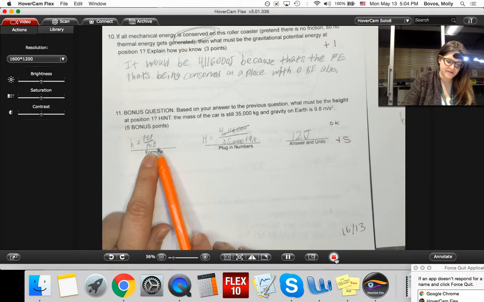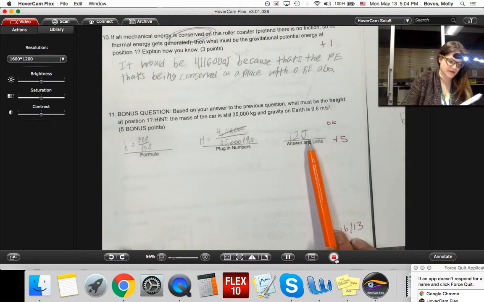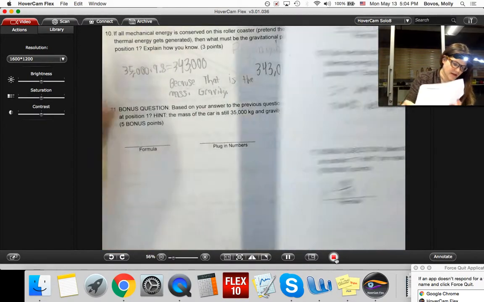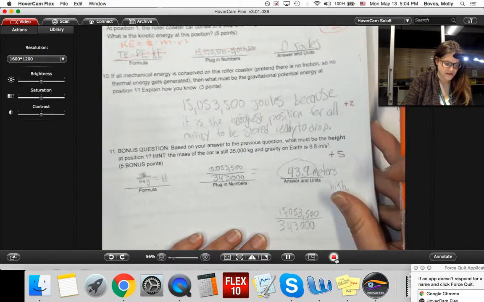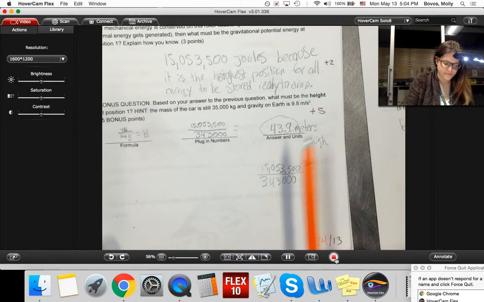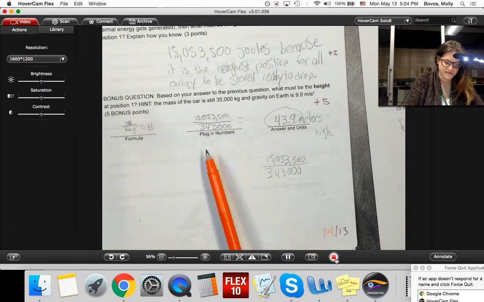So our answer really should be in meters, not joules, if we're talking about a height. And not a whole lot of people attempted that one, but this one actually is pretty close. Well, actually, this one is perfect.